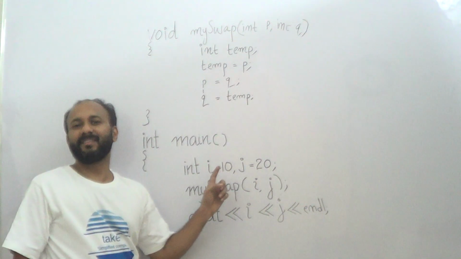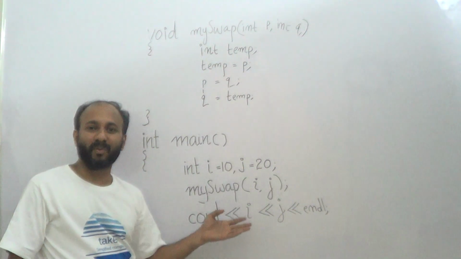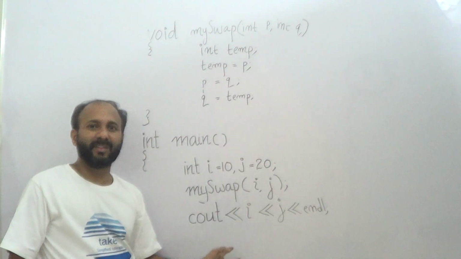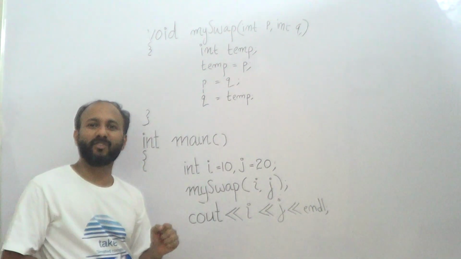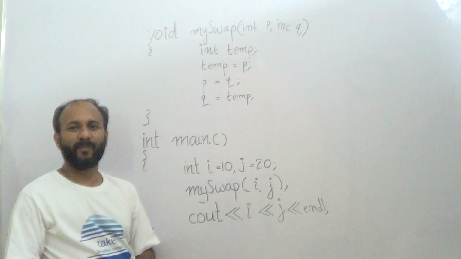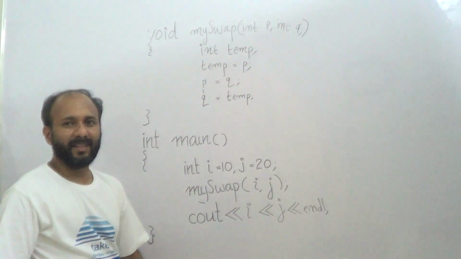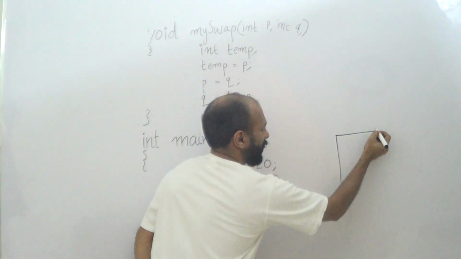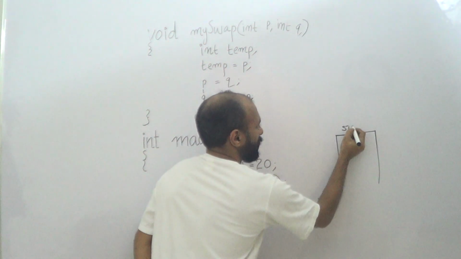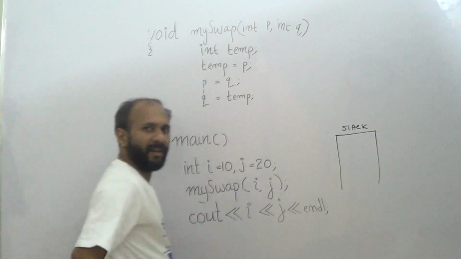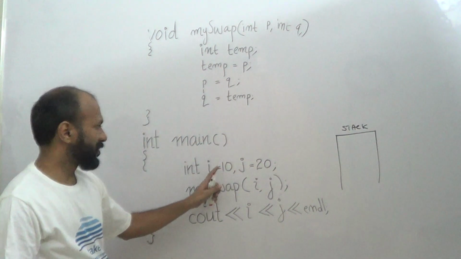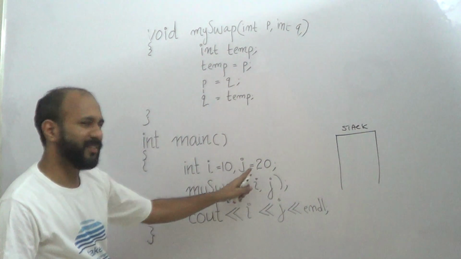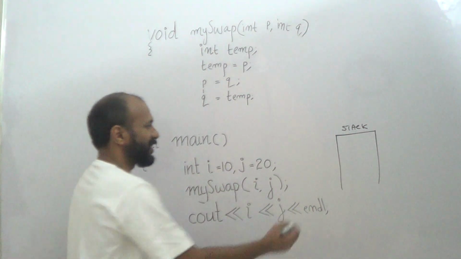Now we can analyze this program and see why this function is not swapping the arguments with the help of the memory picture. I am going to draw the memory picture of this program. This is the start frame of main. Inside main I have two variables, i which is equal to 10 as well as j which is equal to 20.